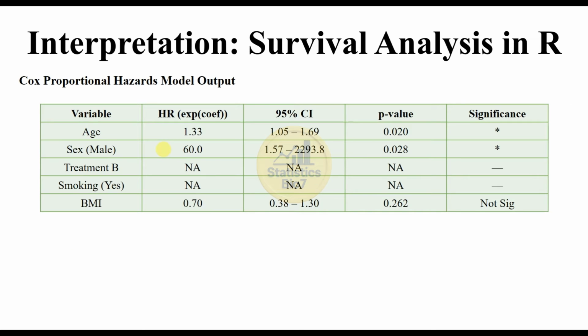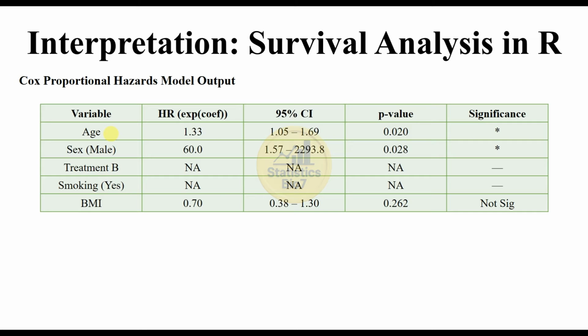So the next one is the table for the Cox Proportional Hazards model output. The table presents the variables age, sex, treatment B, smoking, and BMI. Significance is present for age and sex.